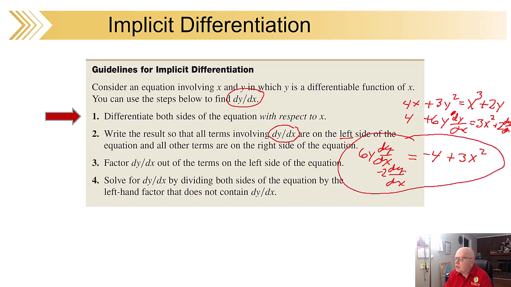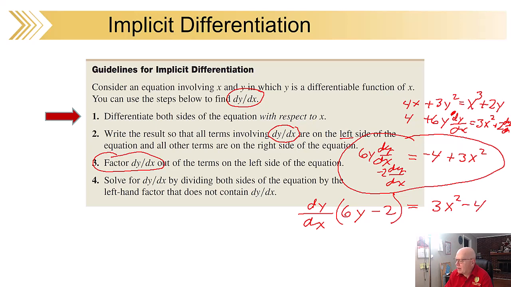Now, the next thing you do is factor out the dy/dx on the left side. So the left side, both of those terms, as we intended, have dy/dx. Factoring out the dy/dx, we have 6y minus 2. There's the left-hand side, and the right-hand side, we'll reverse those terms because I like it that way, not because it has to be.